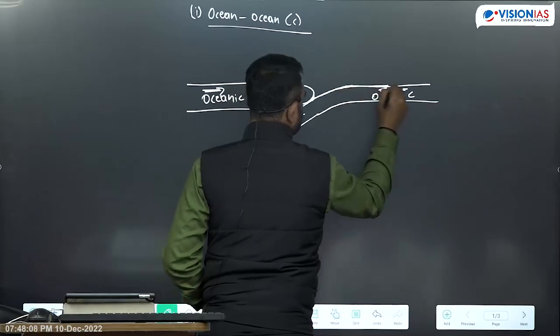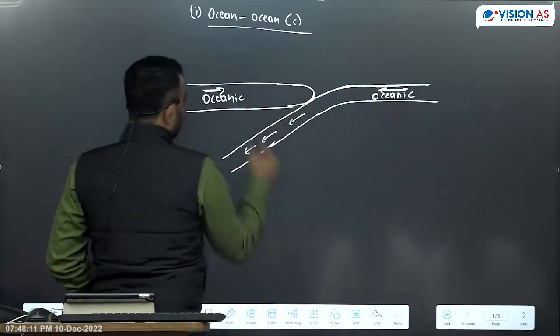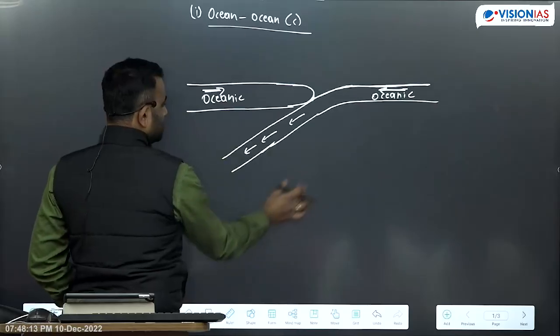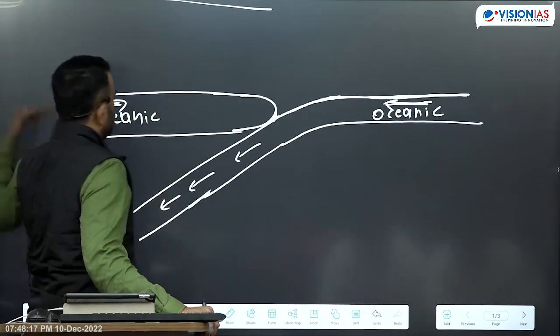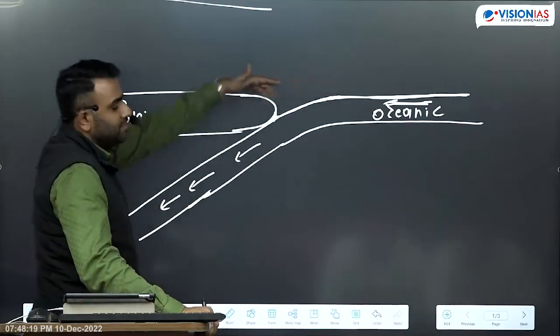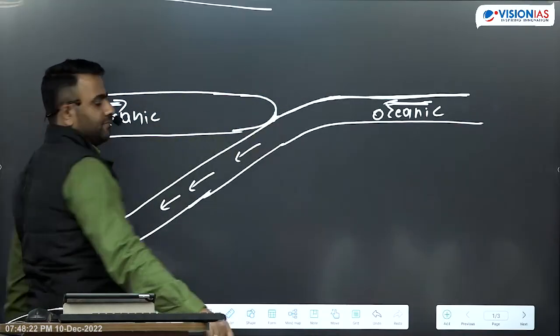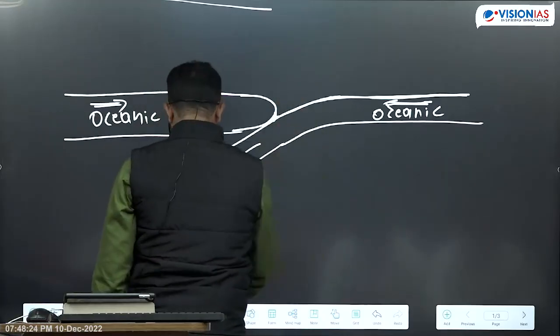If you see the surface layers, compared to all the other surface layers, this part is the deepest part. Compared to any part of the oceanic bottom, this is the deepest part. This is what is called a trench.